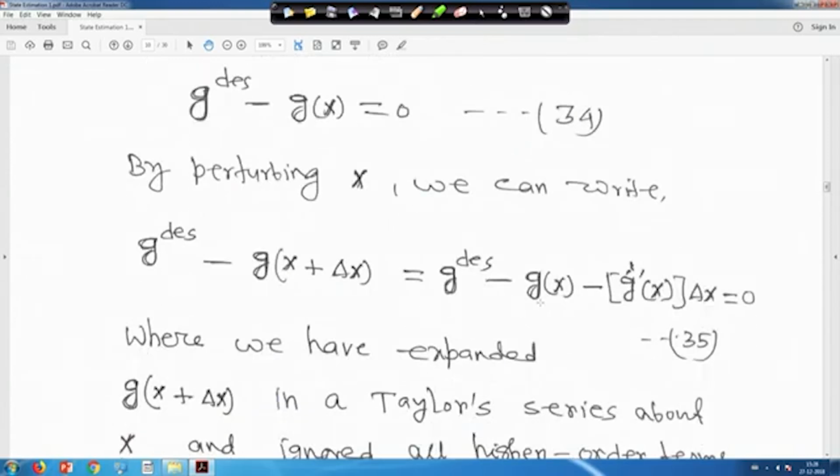Then you expand this term in a Taylor series: g desired minus g(x) minus g dash(x) into delta x. This way we keep terms only up to first order, ignoring the higher order terms.